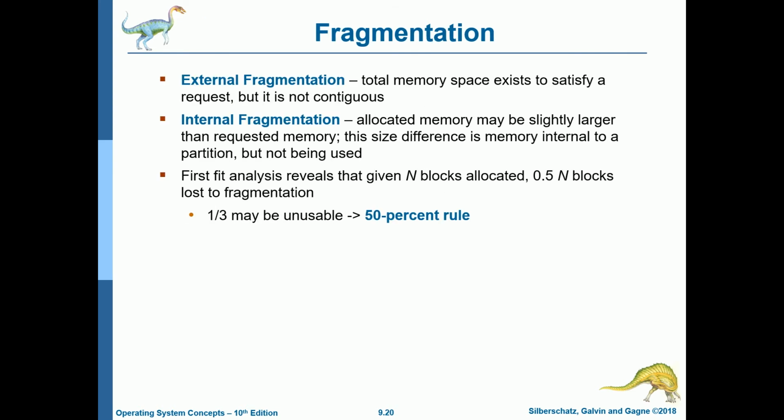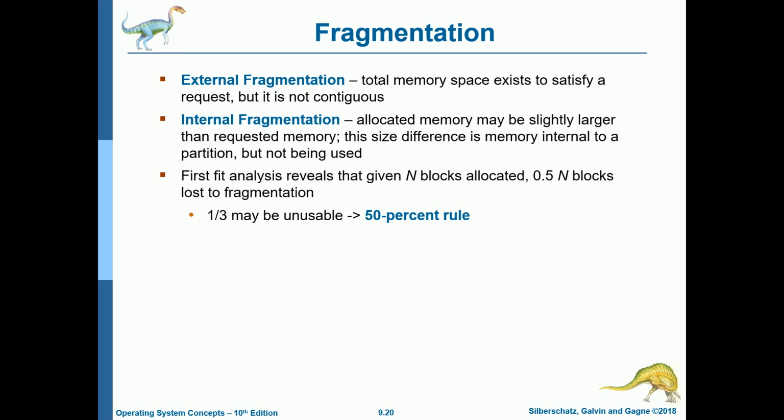Both first fit and best fit strategies for memory allocation suffer from what's called external fragmentation. As processes are loaded and removed from memory, the free memory space is broken into little tiny pieces. External fragmentation exists when there is enough total memory space to satisfy a request, but the available memory spaces are not contiguous.